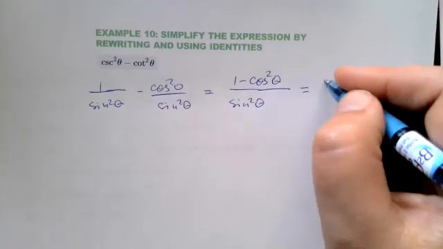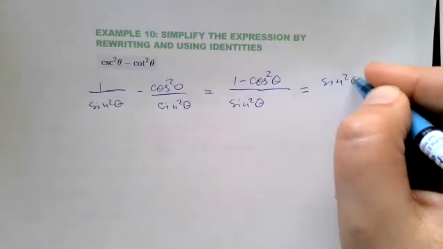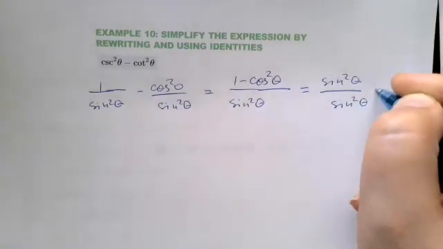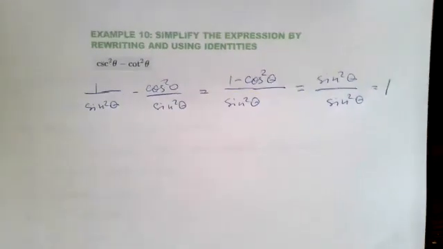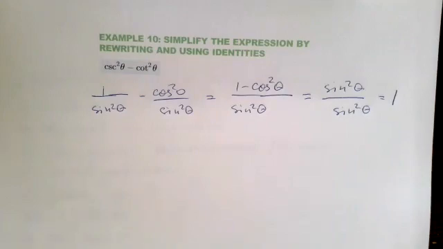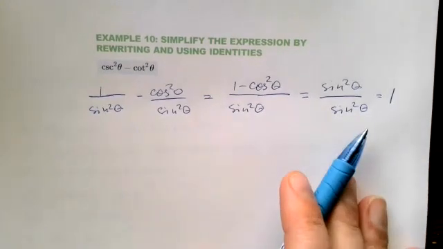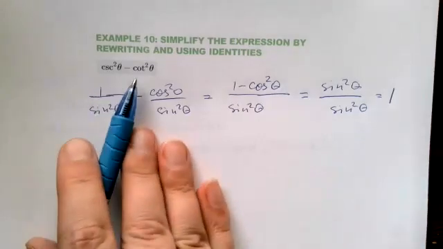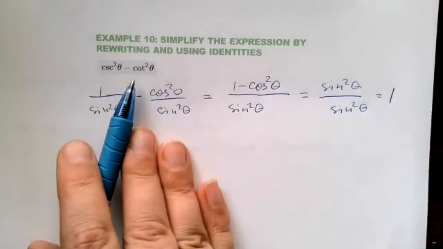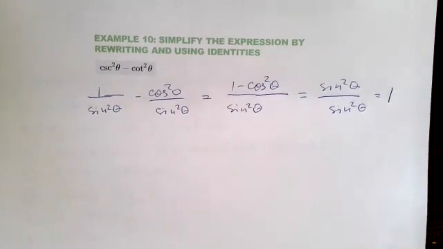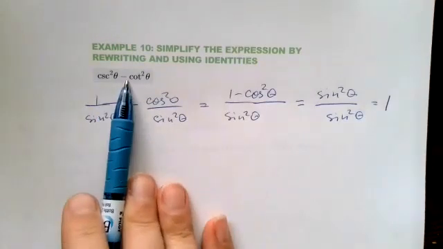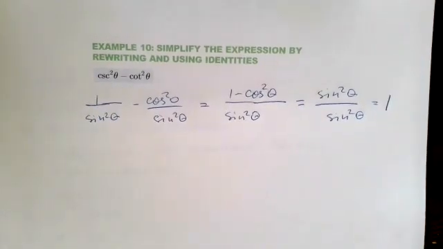And so that gives us the sine squared in the numerator. And then we also have the sine squared in the denominator. So that will be equal to 1. And voila, we simplified our expression without applying the difference of squares formula. And it's very simple. So actually, we could do it through the difference of squares as well, but it would just take us a little longer.